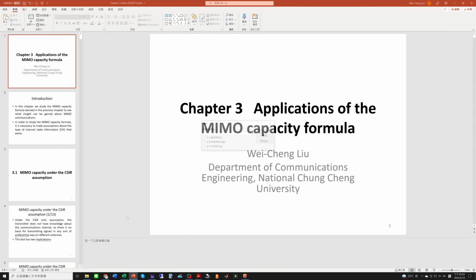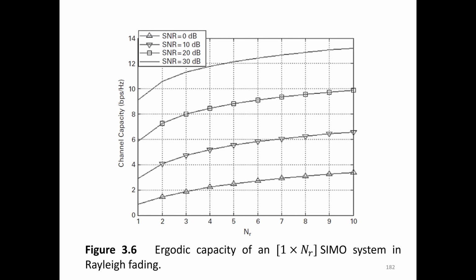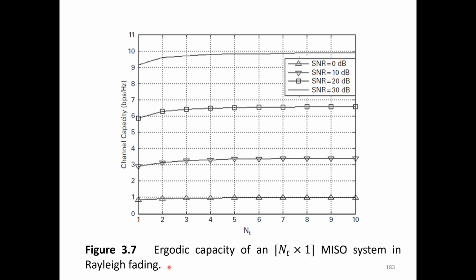First is figure 3.6. Figure 3.6 is the ergodic capacity of a 1 by NR SIMO system in Rayleigh fading.